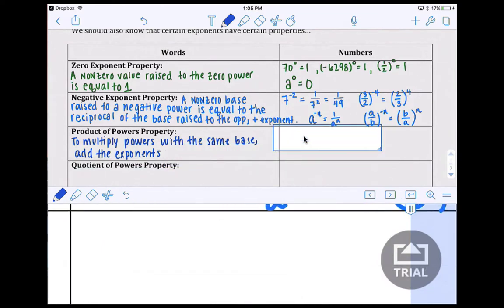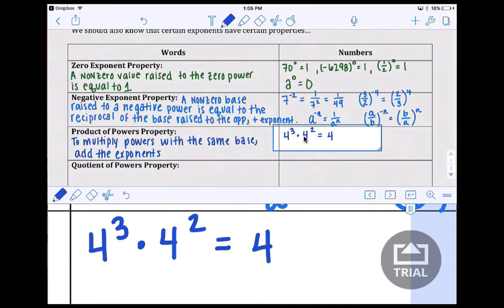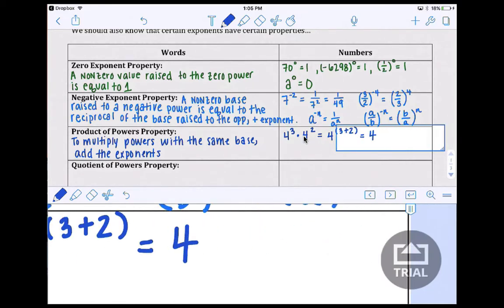And what that looks like is if I had 4 cubed times 4 squared, that's the same as saying 4 to the 3 plus 2, or 4 to the 5th.